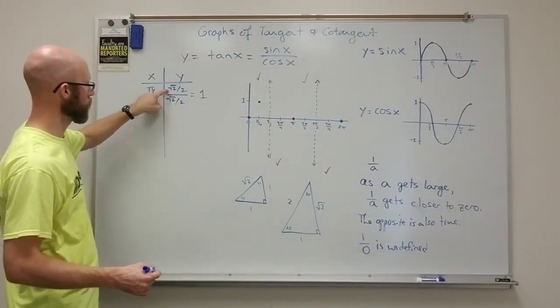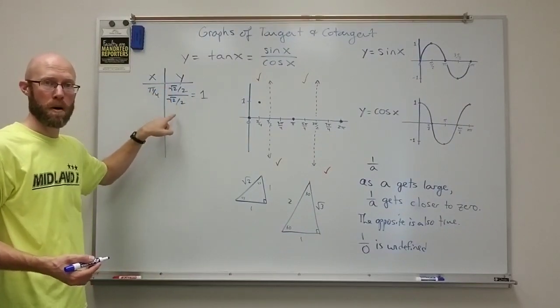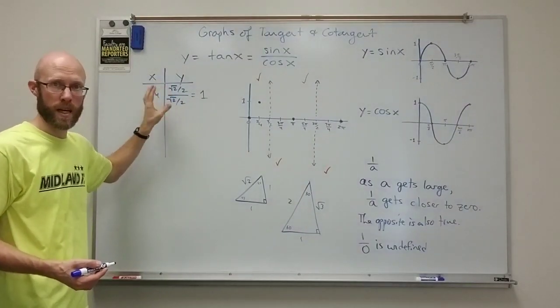So you get that root 2 over 2 over root 2 over 2, but sometimes one's positive and the other one's negative, and so forth.